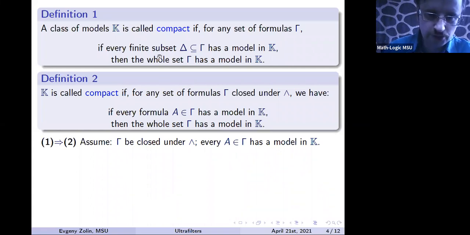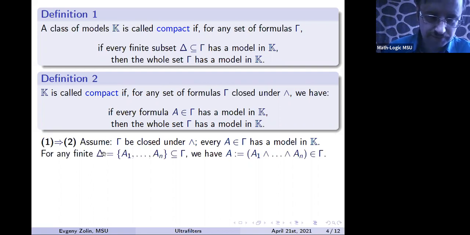So we need to use definition 1. In order to use definition 1, let us take any finite subset delta of gamma. It has formulas A1, ..., AN, for example. And let us build their conjunction. Then this conjunction is in gamma because gamma is closed under conjunction.